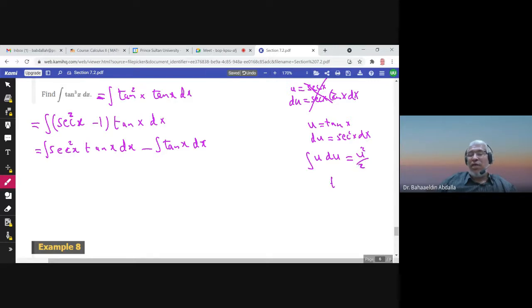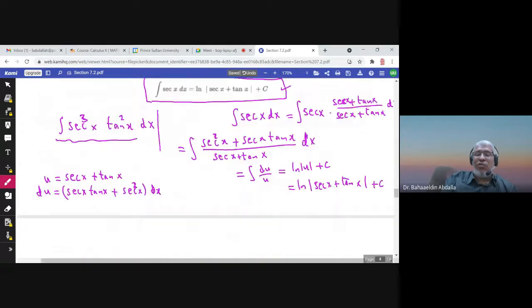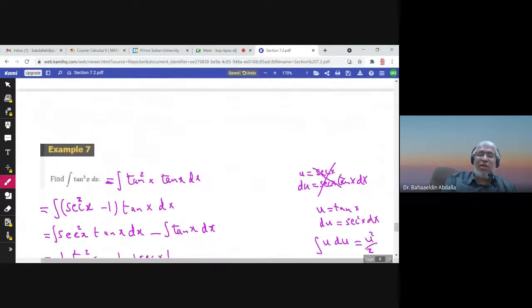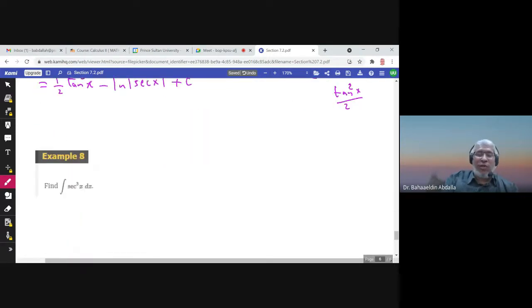And u is tan, so it's tan squared x over 2. So this integral would be half tan squared x. And the integral of tan is ln absolute value of secant x, as we have just seen. And then we put plus c. So we used the integral of tan. So this is how to find the integral of tan to the power 3.